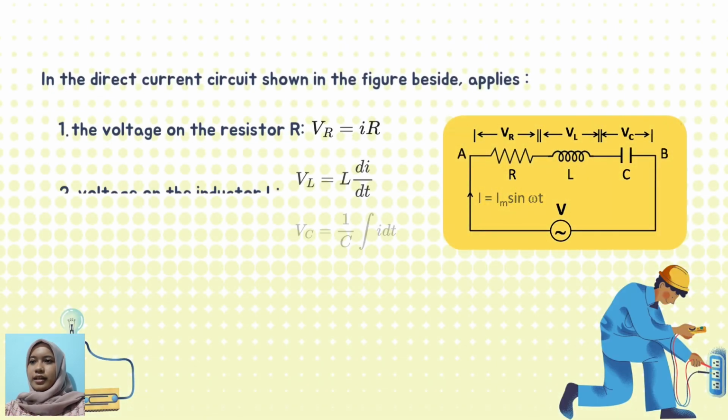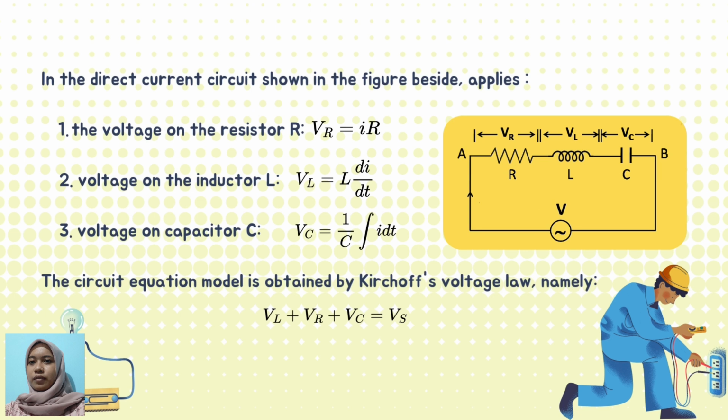In the direct current circuit shown in the figure, the voltage across resistor R is proportional to the current through it, formulated by VR equals IR.